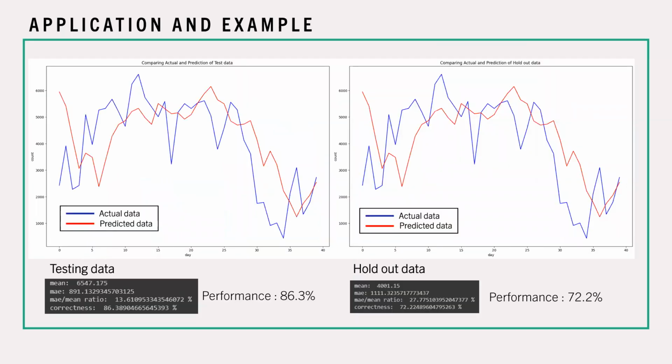Finally, we used testing and holdout data with our recurrent neural network to predict the rented amounts, and these are our outputs. As you can see, it doesn't look so accurate, but overall performance checked by using the mean absolute error, it has an accuracy of 86.3% for testing data and 72.2% for holdout data.